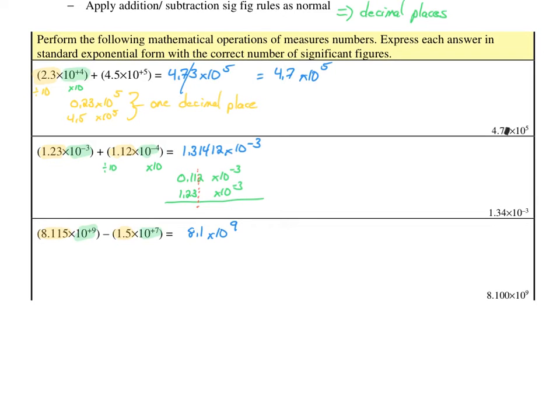Okay, we rewrite the numbers, lining up the decimal point, and the result is that we can justify 2 decimal places. If we have 2 decimal places in the result, that means overall we're going to have 3 Sig Figs. So 3 Sig Figs here means that our final answer is going to be 1.31 times 10 to the -3.